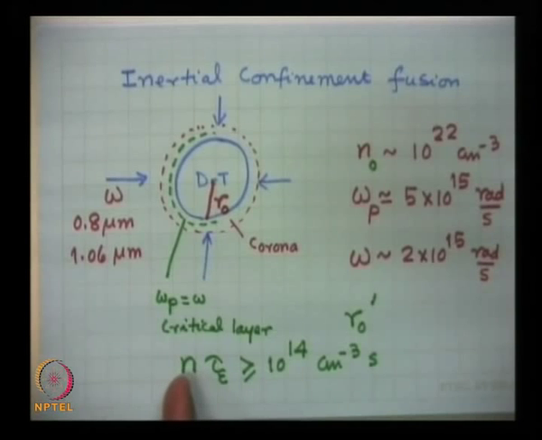This is what you require. So, this is the density of the compressed core, and this is the confinement time of the compressed core, because after it is compressed, it will start expanding because it has been heated.